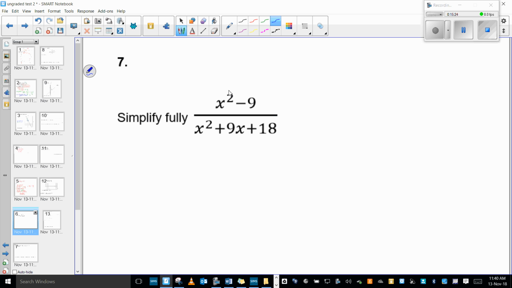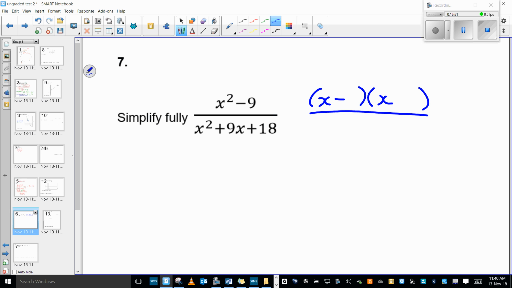Laura? The top one, so you make two brackets, and then you put x in one, and x in the other. And then because there's no x term, you know that it's the special type, so you don't have to worry about them adding and being different. So it's what multiplies to make negative 9, so it'll be plus 3, minus 3.